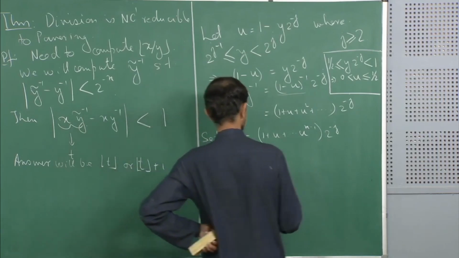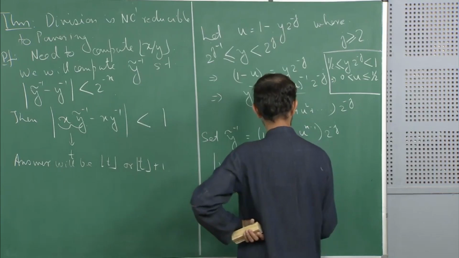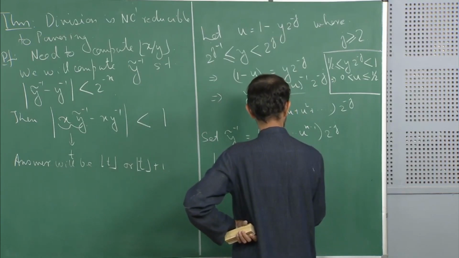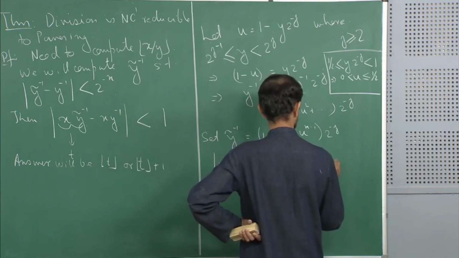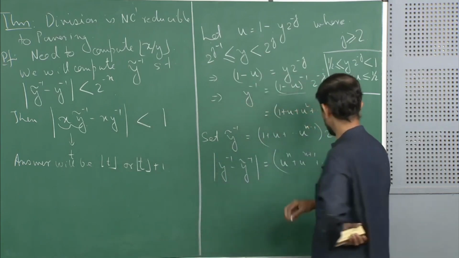Okay. So this is y tilde inverse, and now we can verify this quantity, that y inverse minus y tilde inverse is equal to u to the power n plus u to the power n plus 1, and so on, into 2 to the power minus j.